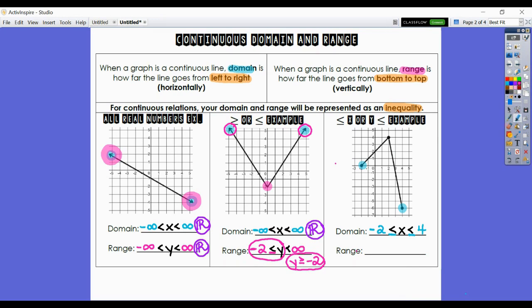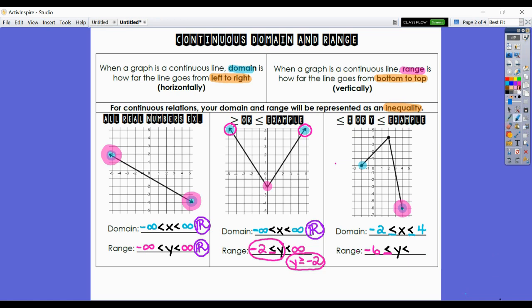Range is bottom to top. I'll go ahead and highlight the bottom point, and that is going to be the y value of that point at -6. Make sure you put less than y as less than, and because it's a filled point at -6, the y value there, we go ahead and put a line underneath.